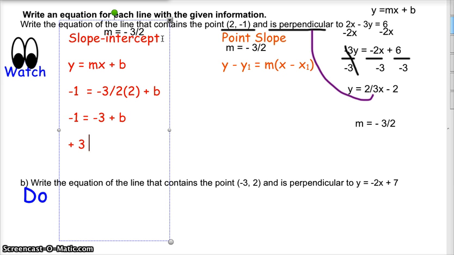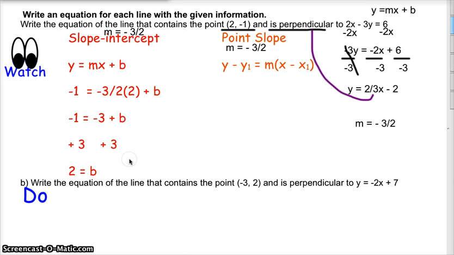If I add the 3 to both sides, 2 is going to equal b. Final answer, y equals -3/2 x plus 2. And those canceled.